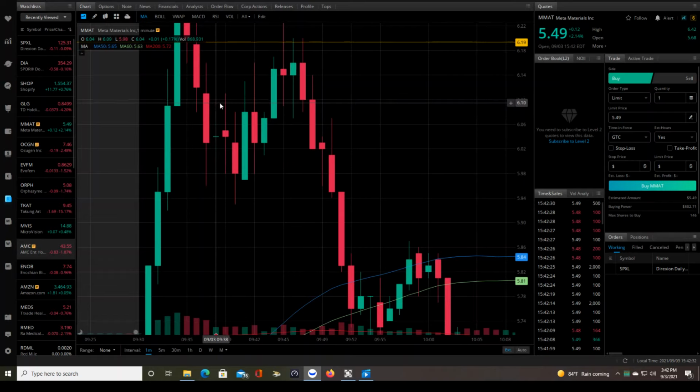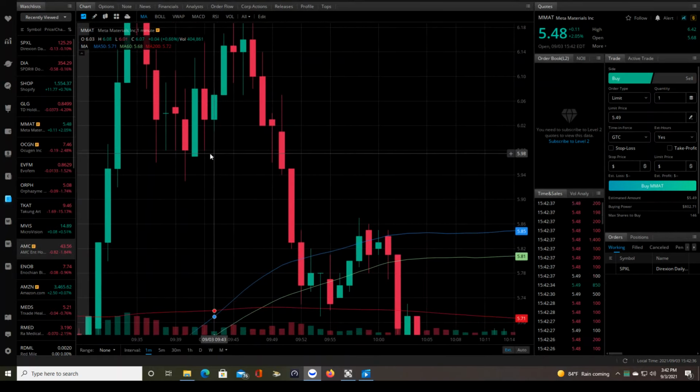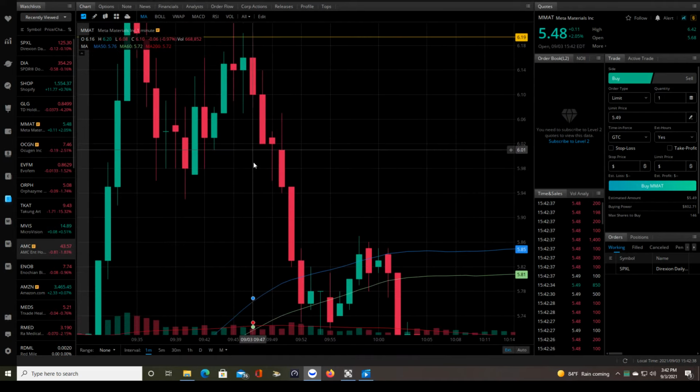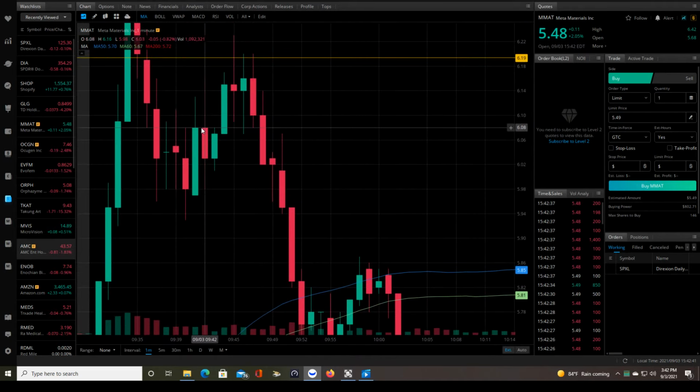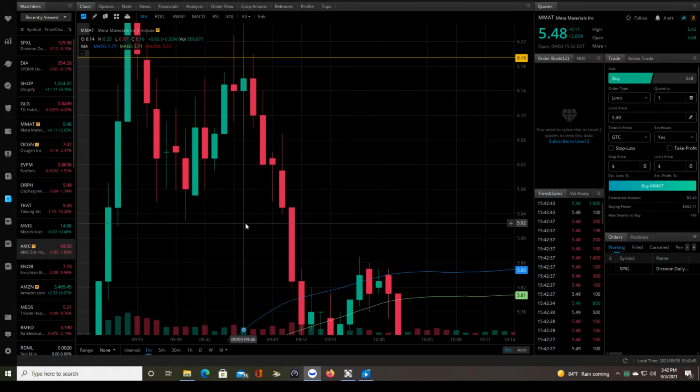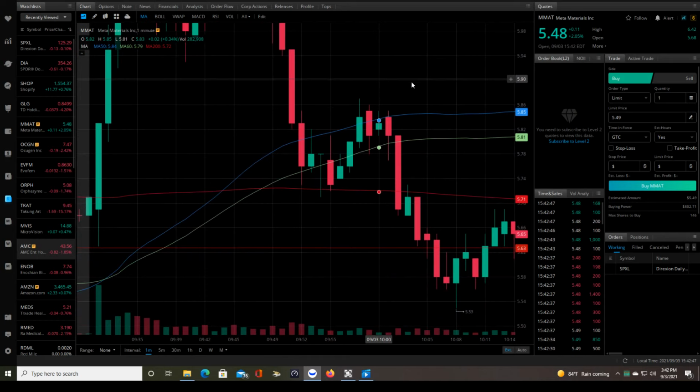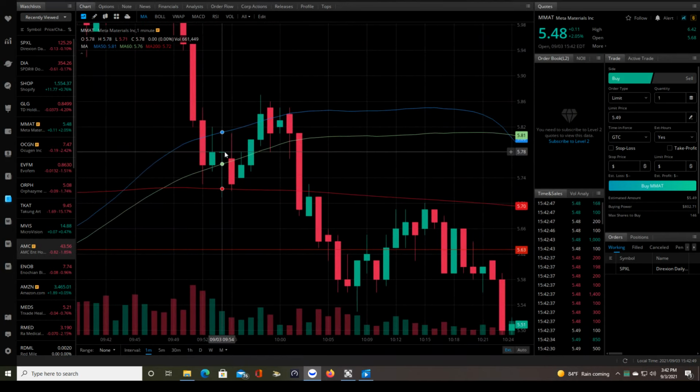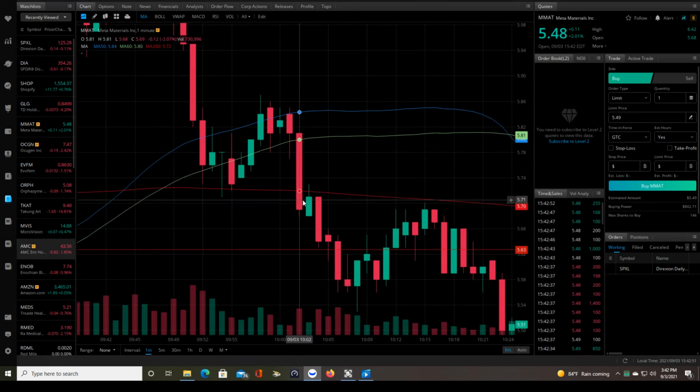So the first entry after the first pullback was right here. This is where we got stopped out. And the second entry, I believe, must have been on that candle, since we got stopped out in this candle. And then we were stopped out again. And then the third and final entry was for the break of this candle. And we got stopped out here on this candle.